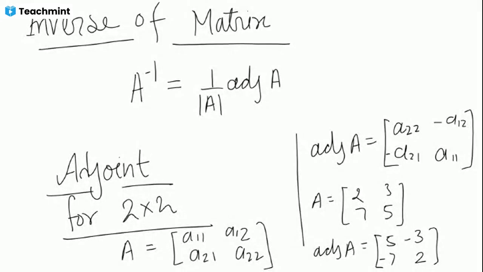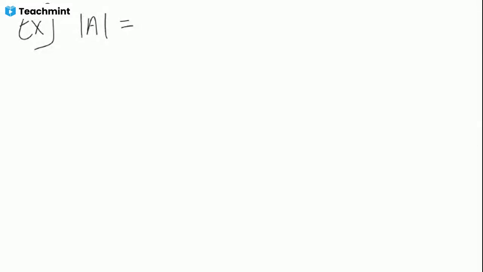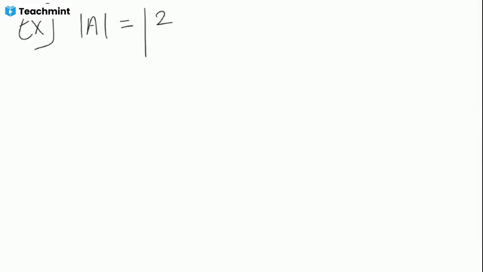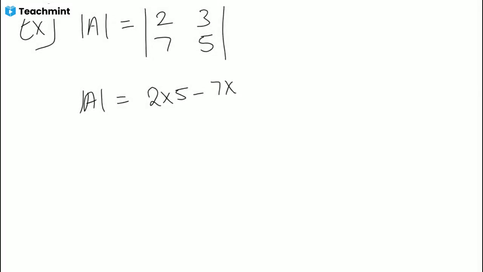So determinant of A, as I told you, first of all just write the elements in this form, 2, 3, 7, 5. Now just multiply these elements, then take a minus sign, then these elements. So 2 into 5 minus 7 into 3. So we have 10 minus 21. So now we have minus 9.